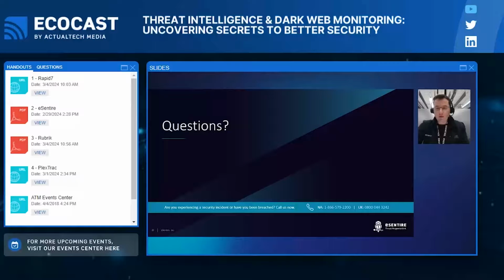The question is, what are some key indicators that my organization's credentials are on the dark web? So credentials can usually be identified by the account name or the organization's domain. For example, for eCentire, we would look for any credentials associated with ecentire.com.